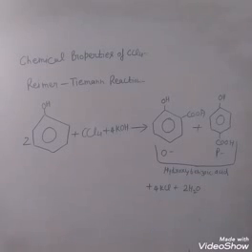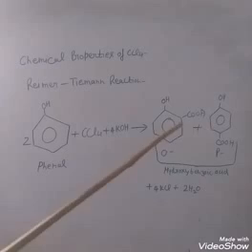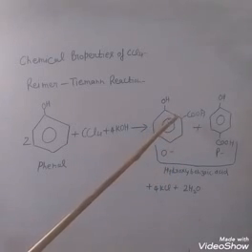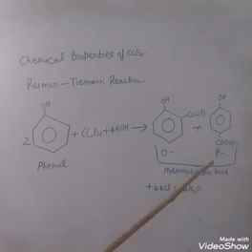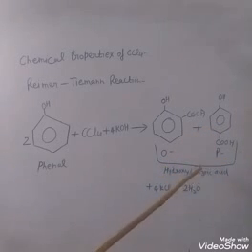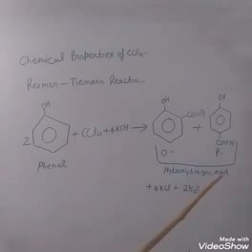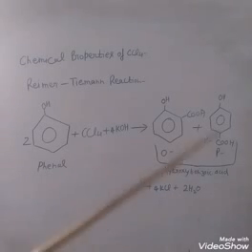Next, the Reimer-Tiemann reaction. When 2 moles of phenol react with carbon tetrachloride and potassium hydroxide, it gives ortho-hydroxybenzoic acid and para-hydroxybenzoic acid, or salicylic acid, and KCl and H2O are released.